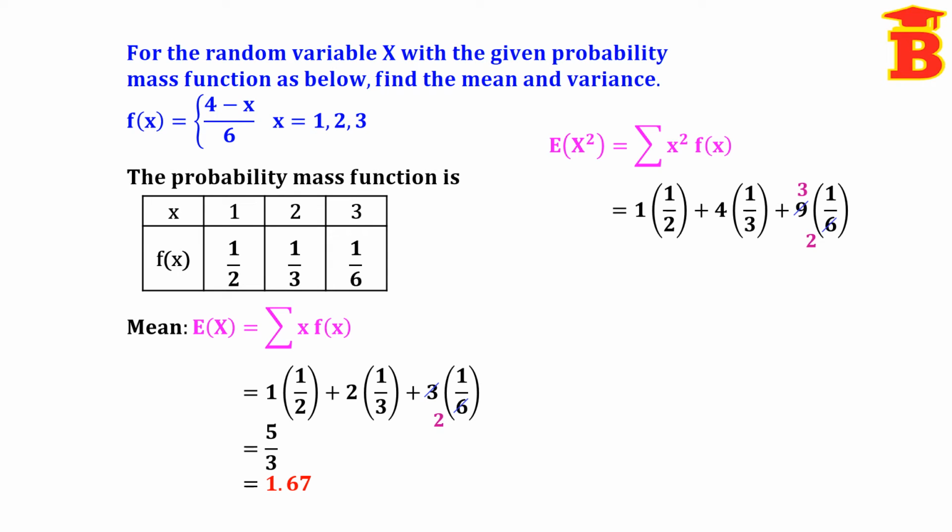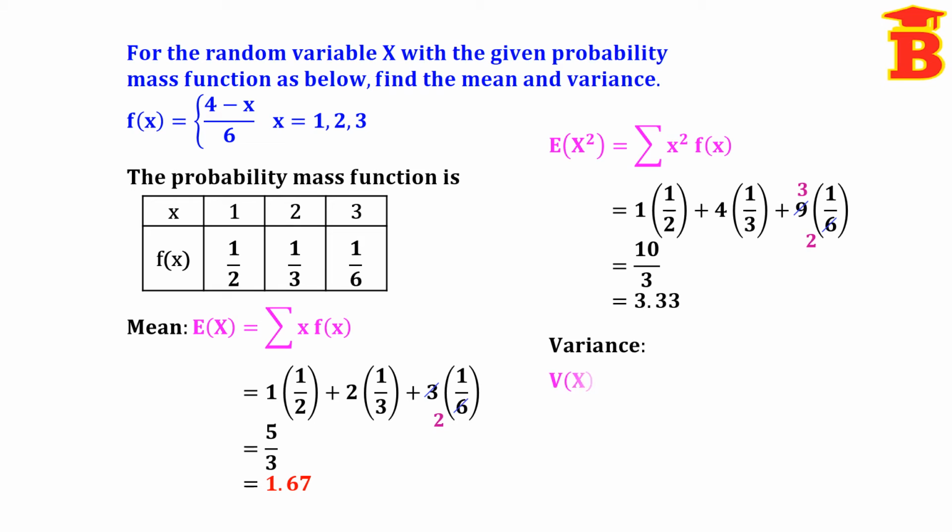And here cancel 9 and 6, we get 3 by 2. Adding this 1 by 2 plus 3 by 2, that is 4 by 2, which is nothing but 2. So 2 plus 4 by 3, we get 10 by 3. This is equal to 3.33.